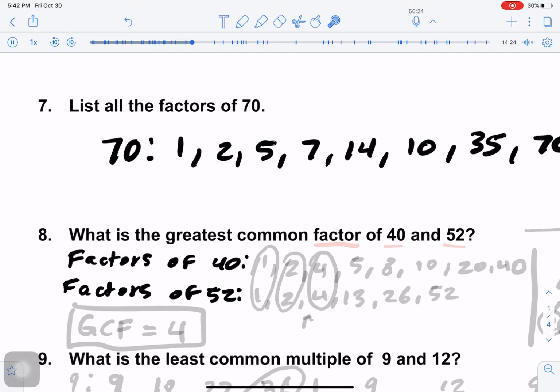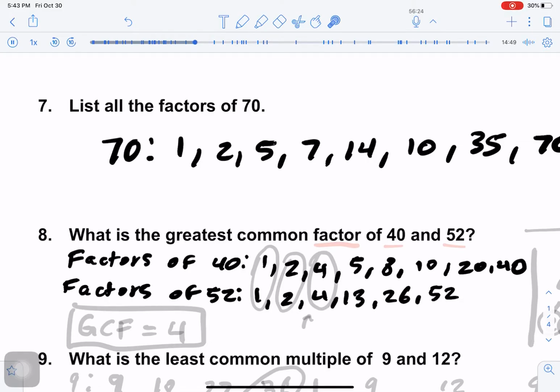The factor pairs I find for 40 are 1, 2, 4, 5, 8, 10, 20, and 40. I also see that my factor pairs for 52 are 1, 2, 4, 13, 26, and 52.